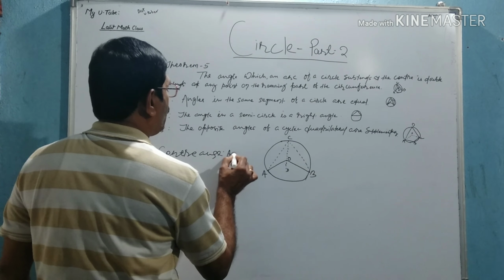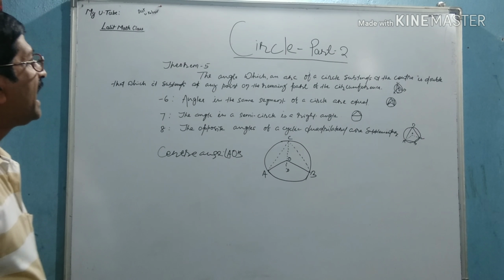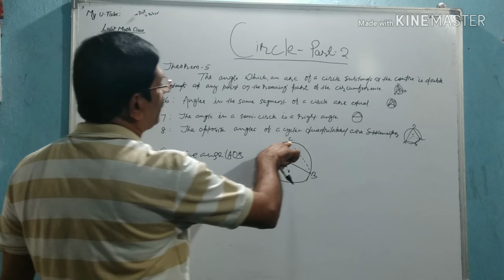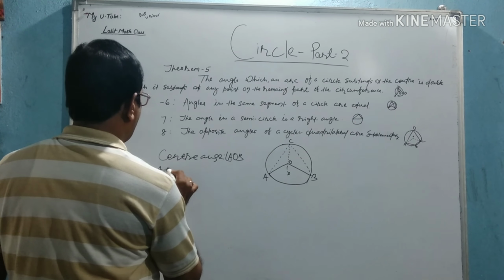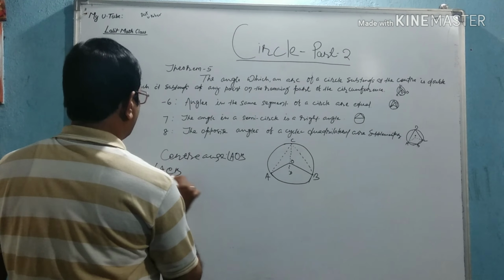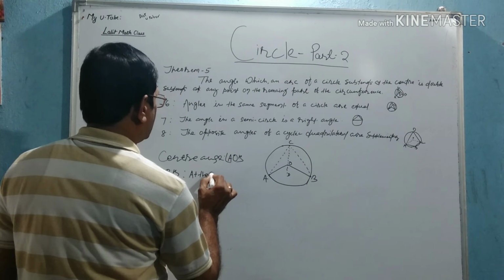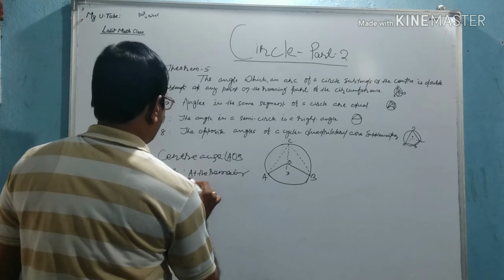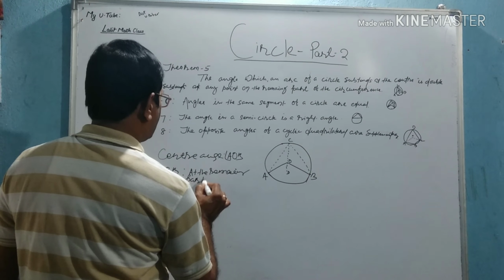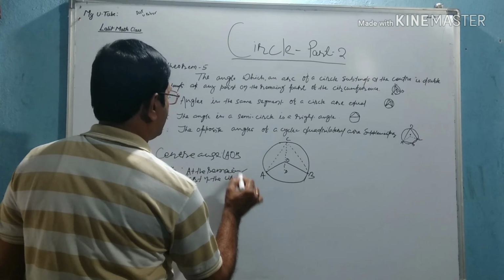Here in this case you can see that our center angle is AOB, while the angle subtended at the other part of the circumference is ACB, the angle at the remaining part of the circumference.